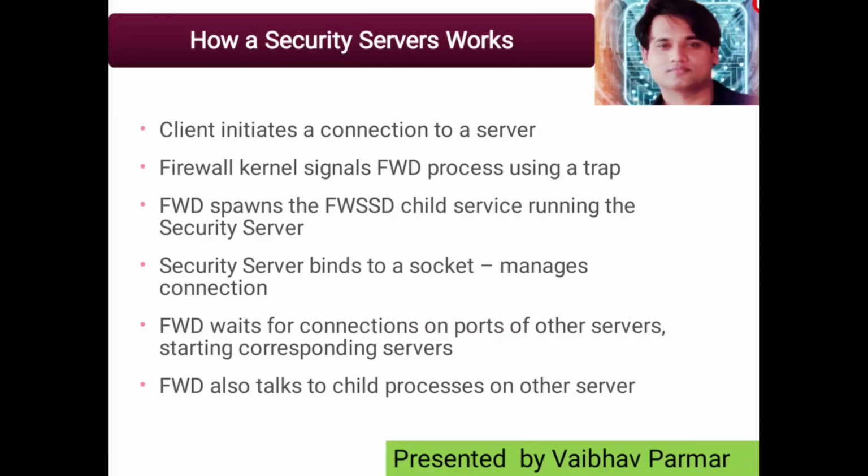Then the security server binds to a socket and manages the connections. FWD waits for connections on the port of the other server daemons and starts the corresponding server when the connection is made. FWD also talks to its child processes on other servers using pipes and by using signals.